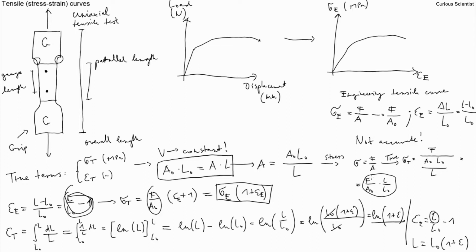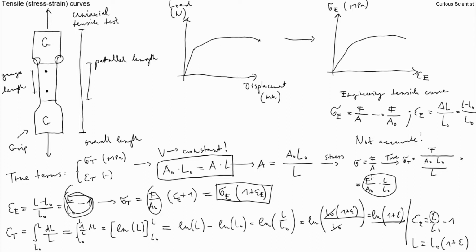So you can see that it's very simple to obtain the engineering stress, the engineering strain, and then the true stress and the true strain. And basically these are the 4 most important numbers which you can get from the tensile test, and these numbers can be used to determine some important numbers for the specimen.